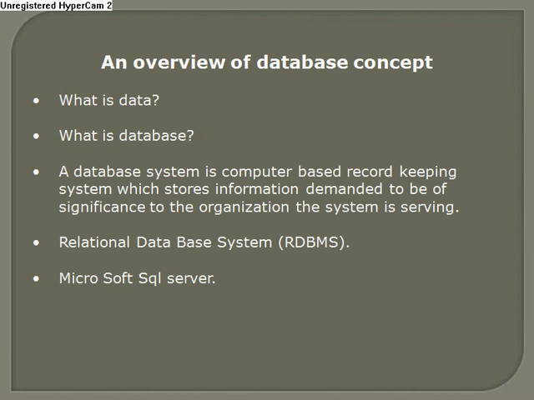Data means some information about any real world entity or any real world object. For example, suppose in any college there are some students, some faculty members, some teachers, some other administrative staff, and some more physical resources like labs, libraries, and all these things.